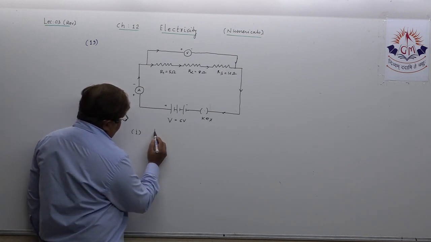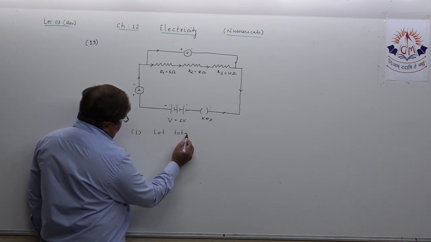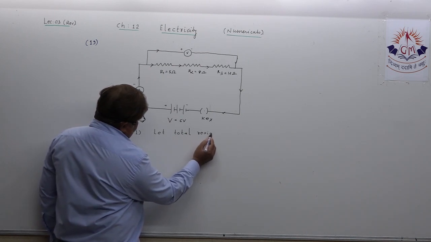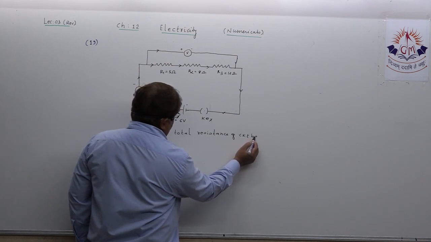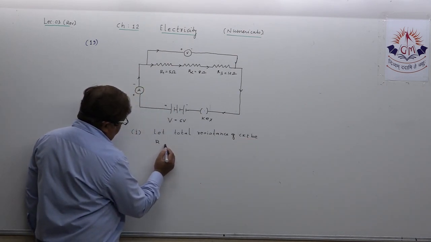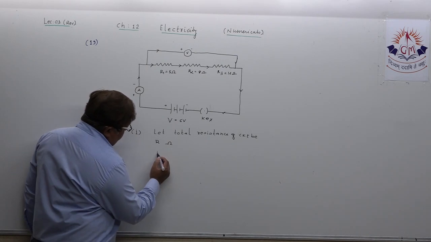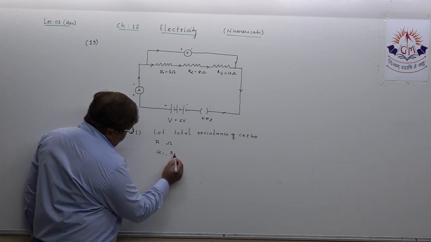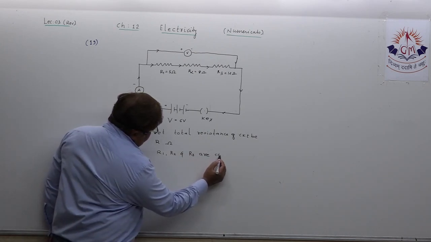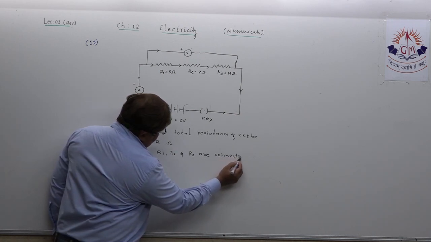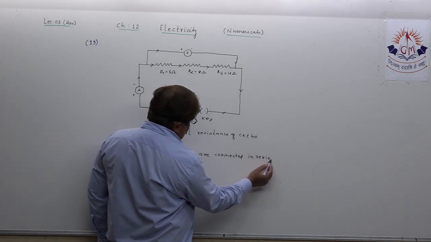Let total resistance of circuit be R ohm. Okay, and you also need to mention R1, R2 and R3 are connected in series. This you need to mention.